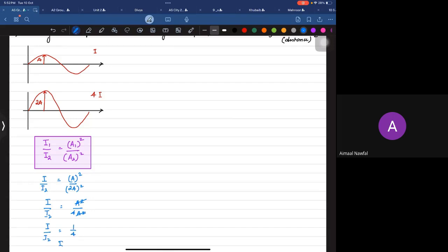So intensity 2 can be taken there, 4 here, so it will be 4 times I. That's how you can do this. So if you increase the wave amplitude by 2, intensity is going to increase by 4. All right, Raza, do you understand this? Yes, sir. Just remember this formula. All your problems will be solved. Okay, like that.